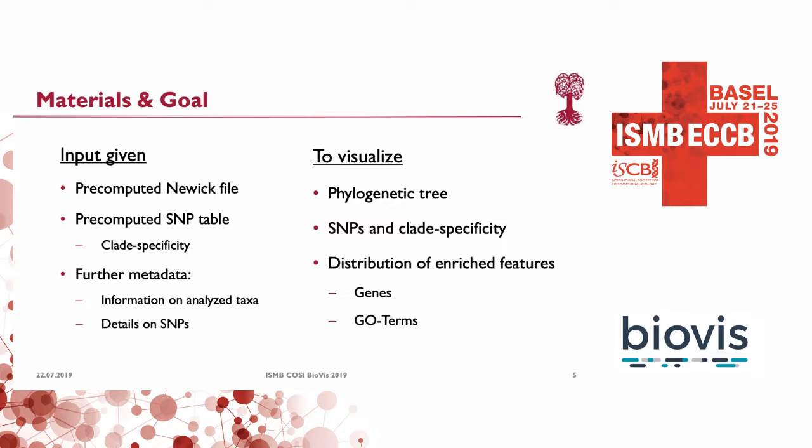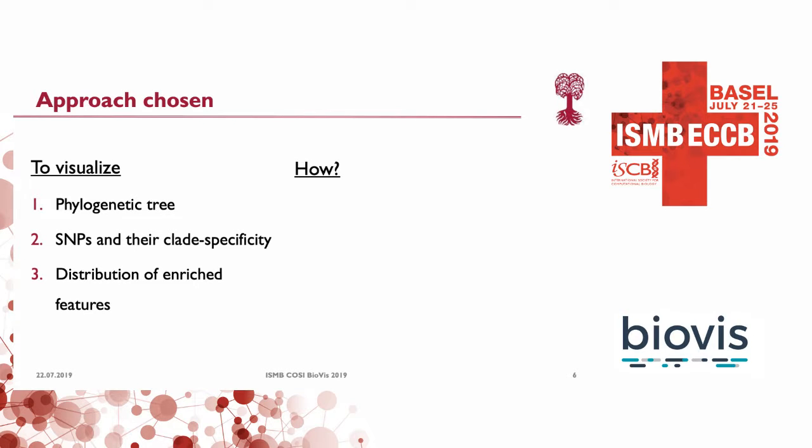At the end, what we would like to visualize is the phylogenetic tree the SNP reconstruction was based on, and somehow encode the clade specificity of the SNPs. Additionally, we would also like to visualize the distribution of possible enriched features among the phylogenetic tree, such as GO terms or genes that might be affected by our SNPs. To visualize these elements, first, for the phylogenetic tree, we chose the common approach of a dendrogram, and we also use the interactive nodes of Phylocanvas to encode more information that the user has provided.